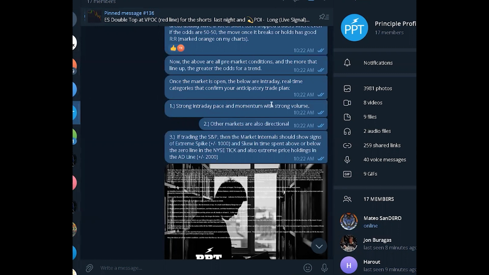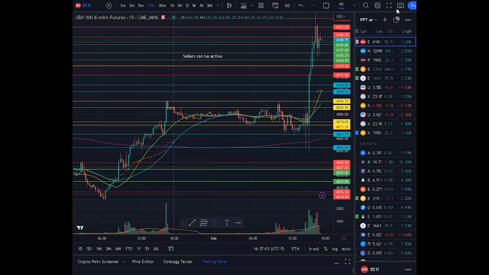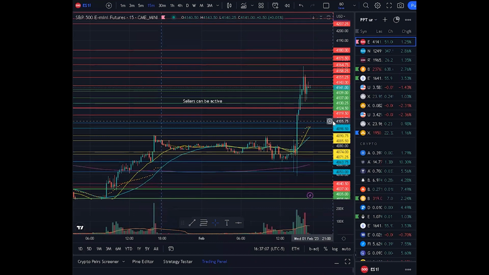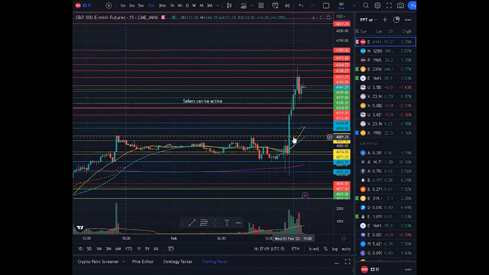Strong intraday pace, momentum, and strong volume. Clearly, we have that. Other markets are also directional. We have that. If trading the S&P, the market should show signs of extremes: plus 1,000 skew, spent over time, the tick also showing extreme price holdings, and the ADD line above 2,000. That's what we want to see.